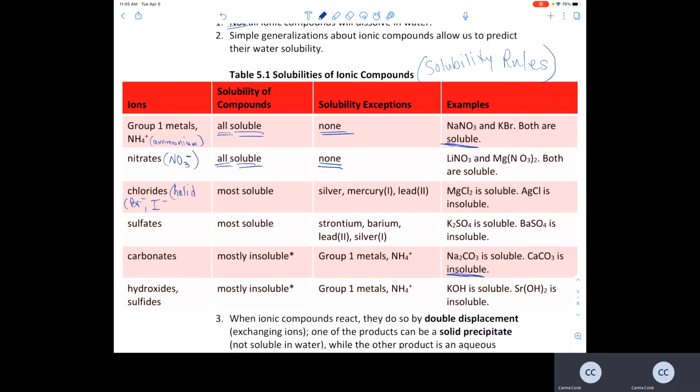Chlorides are one type of halide. So we'll include all of the halides, which are pretty much all of the group 7A nonmetals, with the exception of fluoride.